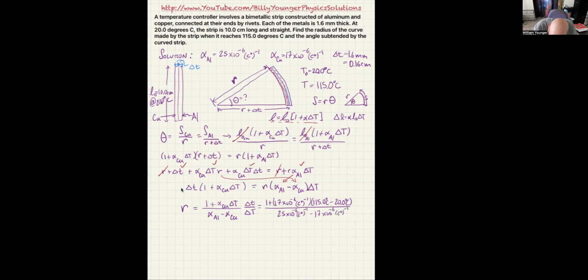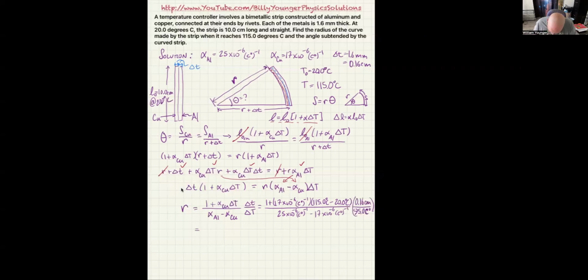And then, of course, we also have to multiply that by delta T, which would be 0.16 centimeters over, and of course, the math from 115 minus 20 is 95.0. And that would be Celsius degrees, or degrees Celsius, which technically I've been calling Celsius degrees when you do a subtraction. So that comes out that way.